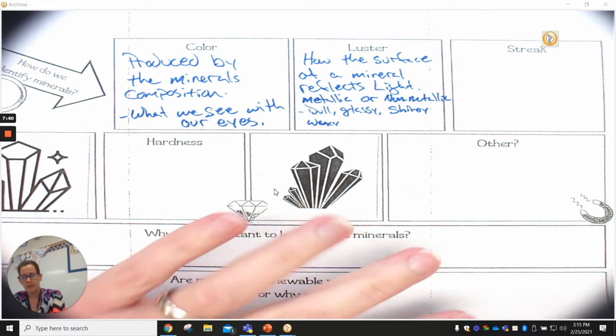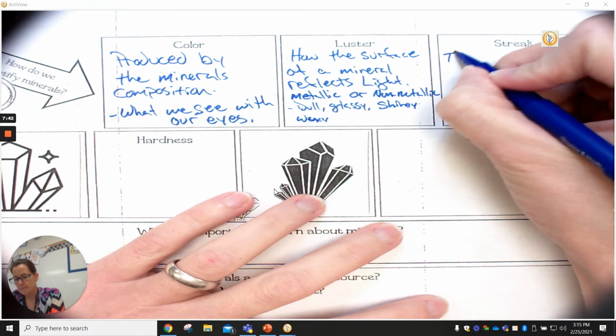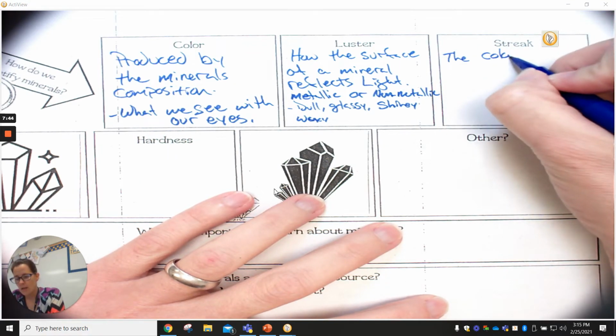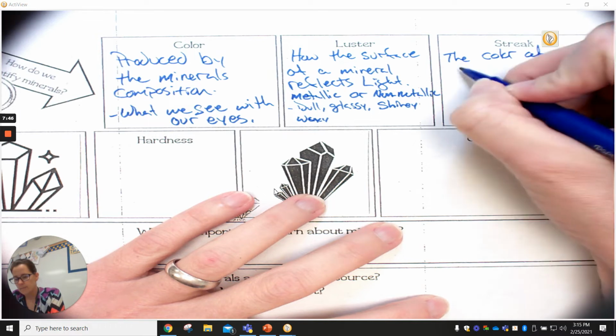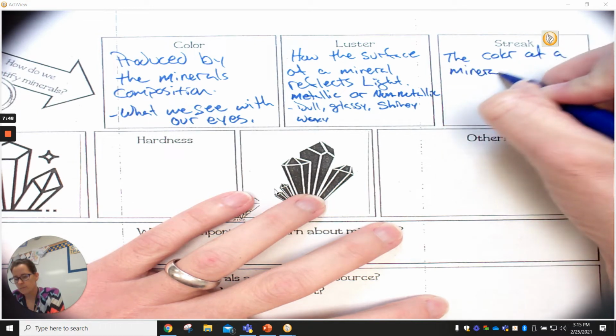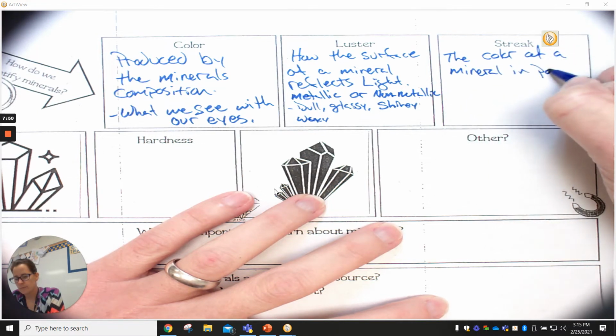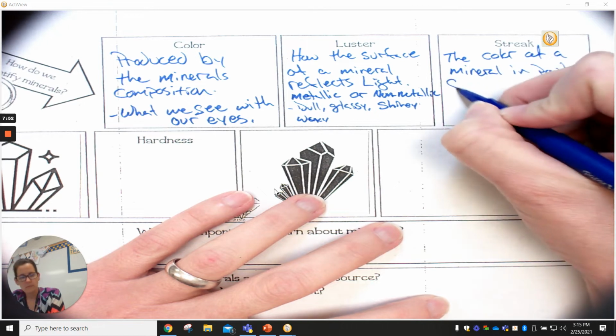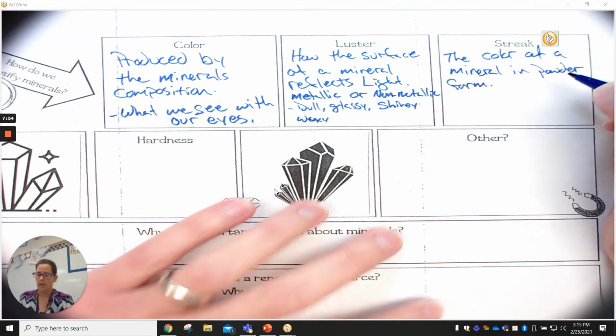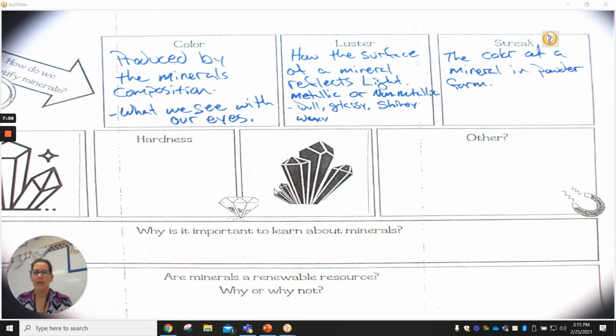I'm going to write that right here. Okay, so the color of a mineral in powder form, and sometimes the color of that powder form is different than the color of the mineral on the outside.